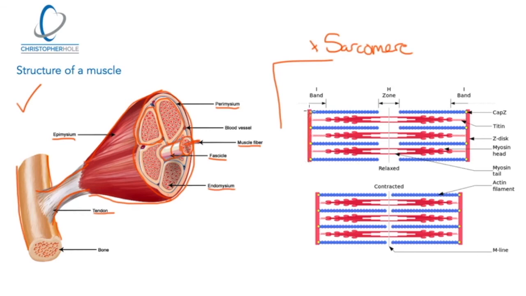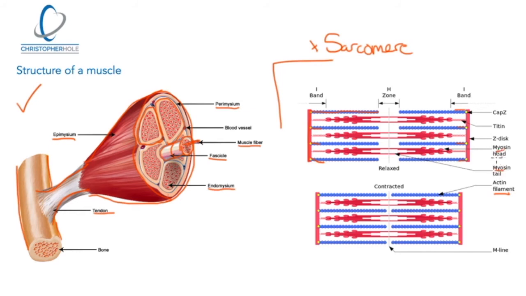You've then got the thin actin filaments, which are all these blue ones, all the way down through, here, here, here, and on the other side, here, here, here, and here. So they are known as your actin filament. What you've then got on the inside of that is your myosin.